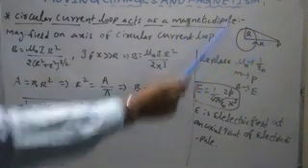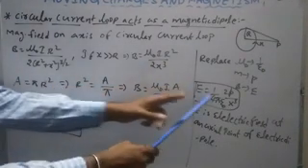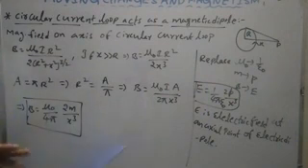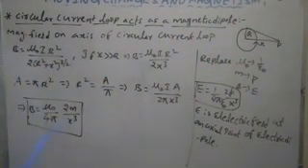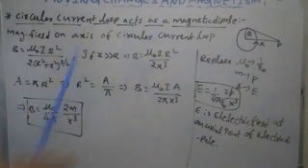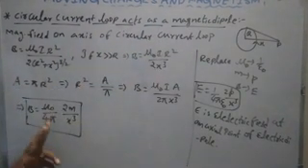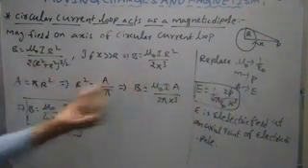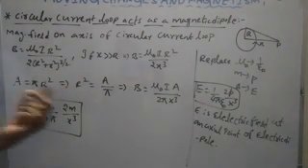So I hope you understood: by comparing these two equations, if P is the electric dipole, then M is the magnetic dipole. That means a current carrying coil is actually equal to a magnetic dipole.